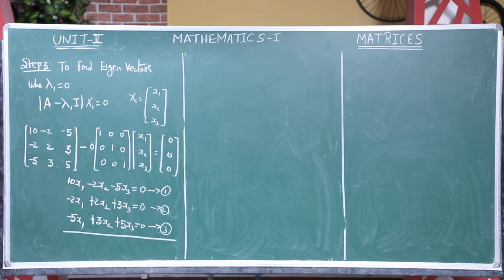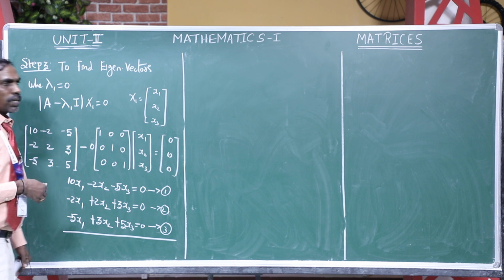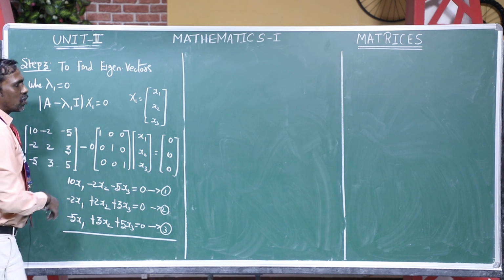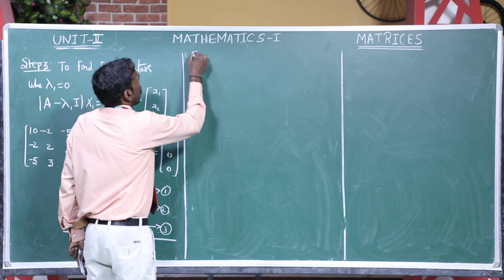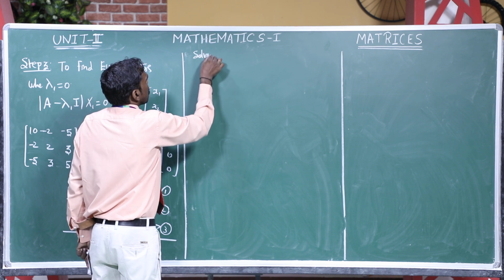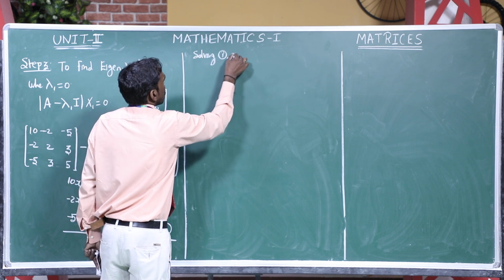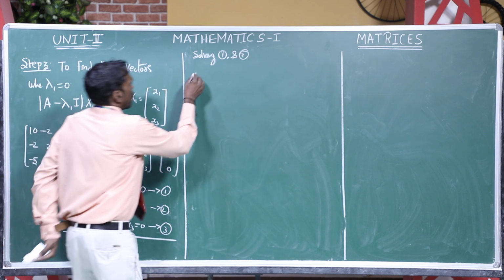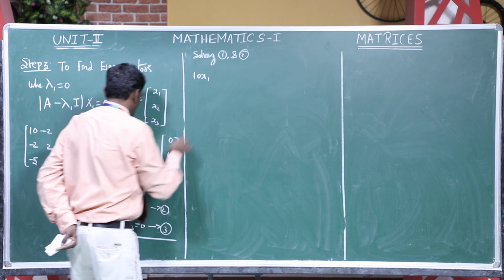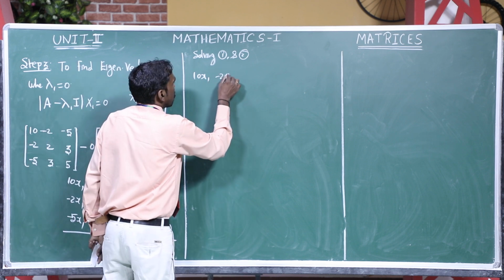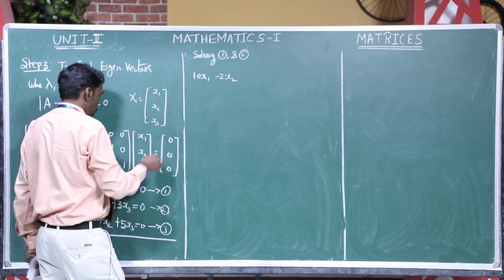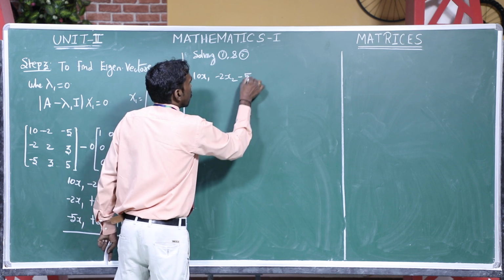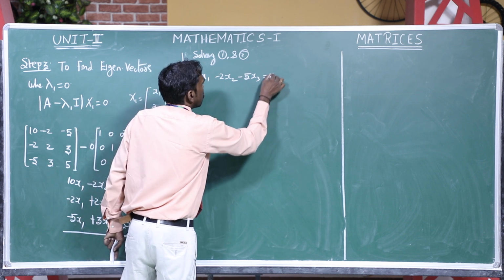From the 3 equations, we can solve any 2 equations to get the eigenvector for capital X1. I can choose equations 1 and 2. So here 10x1 minus 2x2 minus 5x3 equal to 0.